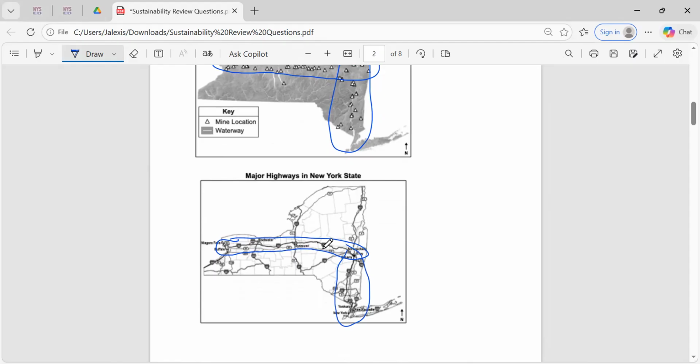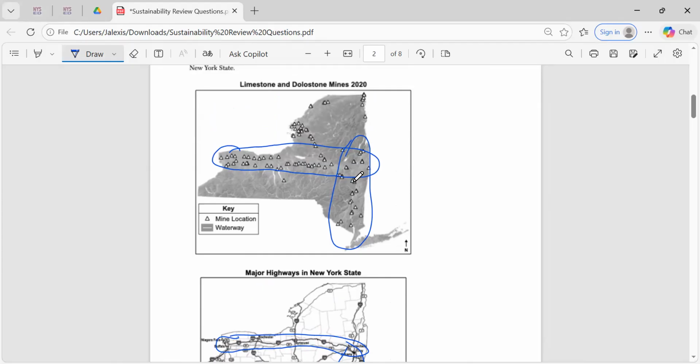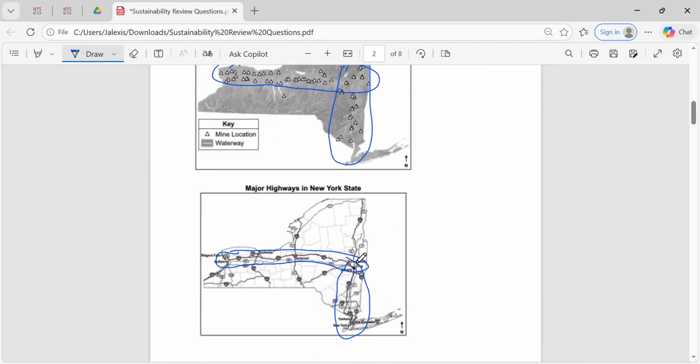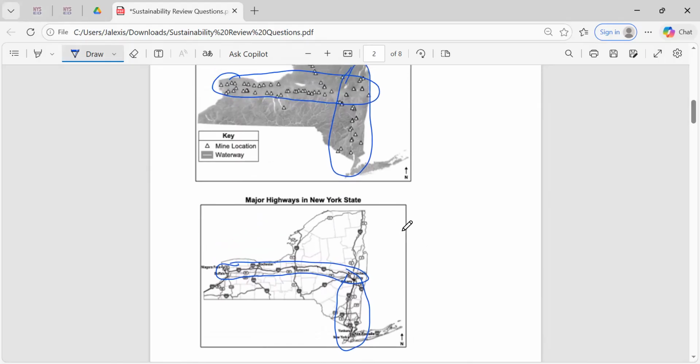So what is the connection? Wherever I see mines for dolostone and limestone, I also see highways. Could it be that limestone and dolostone are used to build highways? Every time I see a mine location, I'm generally seeing highways as well.